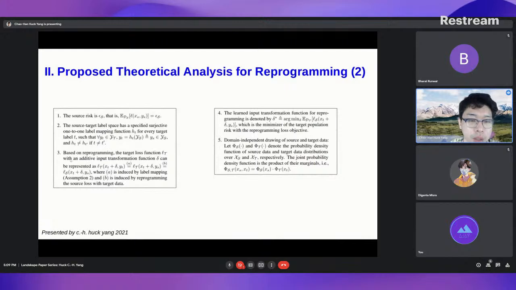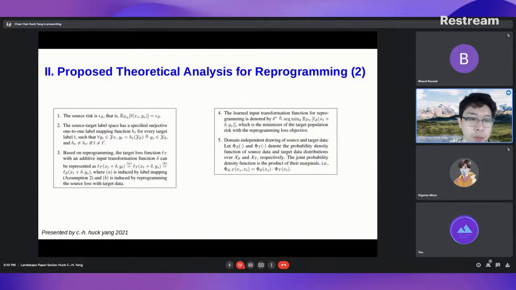So we still use a y label for prediction, and then we do some label mapping as the assumption. We switch the target data to the source data, because you want to map back to the pre-trained source model. Then by this reprogramming you associate with this source loss, which is condition B here.